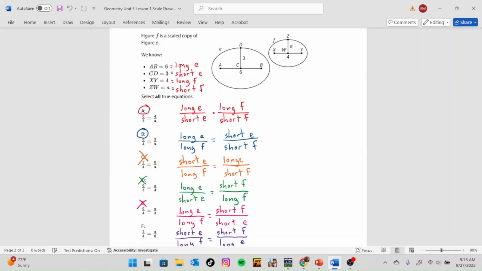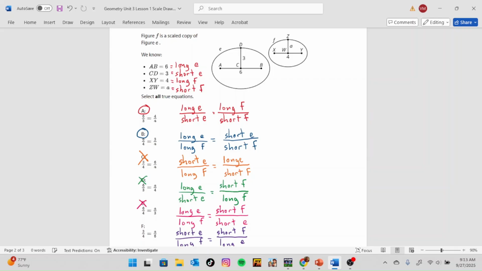But we needed to be comparing the long and short of the same oval, because they are going to change in relation to each other. If we start out with E, if we make AB grow, then CD is going to grow with it. They are changing at the same time, at the same rate.